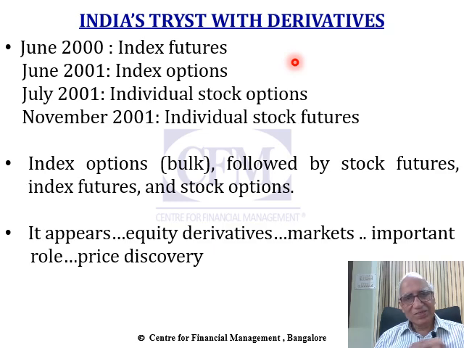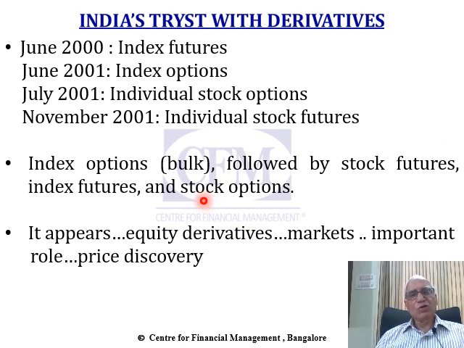India's tryst with derivatives began in 2000. In June 2000, index futures were introduced. These were followed by index options in June 2001. In July 2001, individual stock options were introduced. Finally, in November 2001, individual stock futures were introduced.